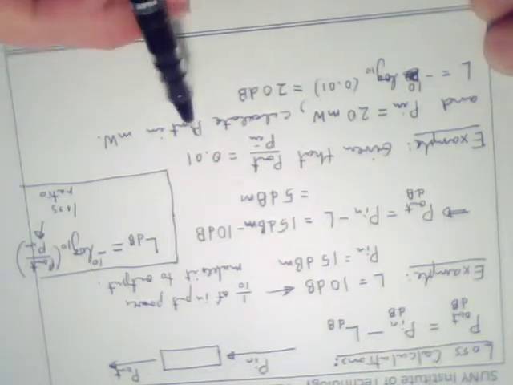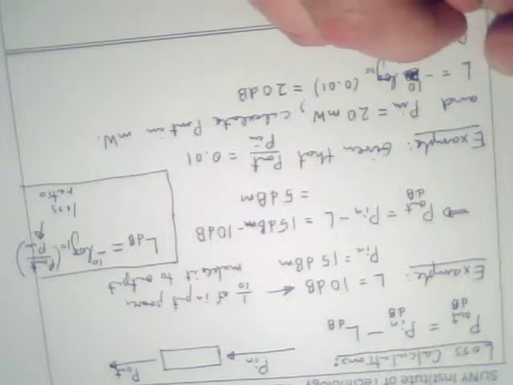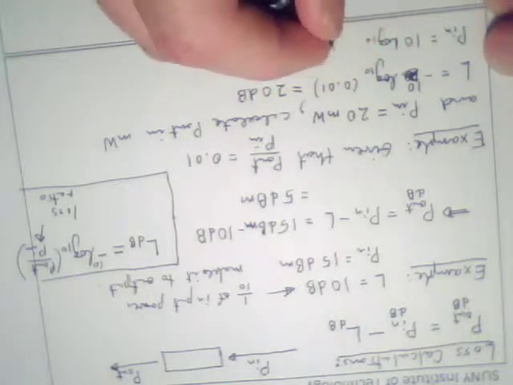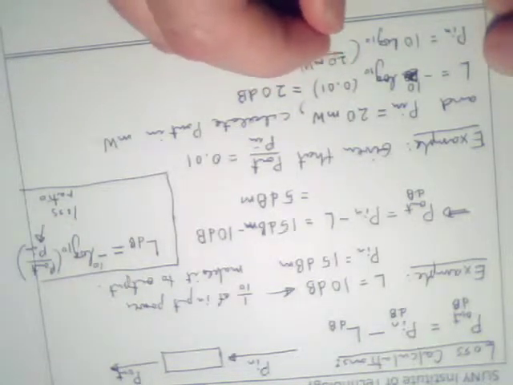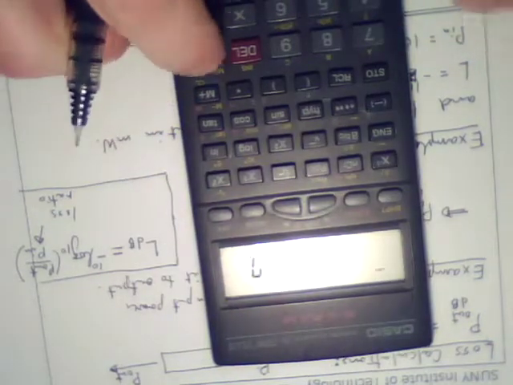And I'm also going to convert the input power from milliwatts into decibels. It's going to be 10 log 10 of 20 milliwatts over 1 milliwatt. And I can do that on my calculator.